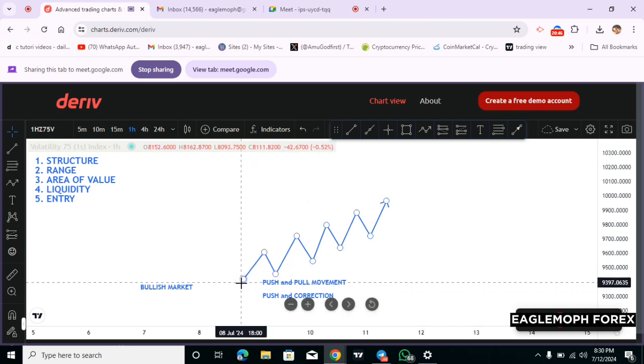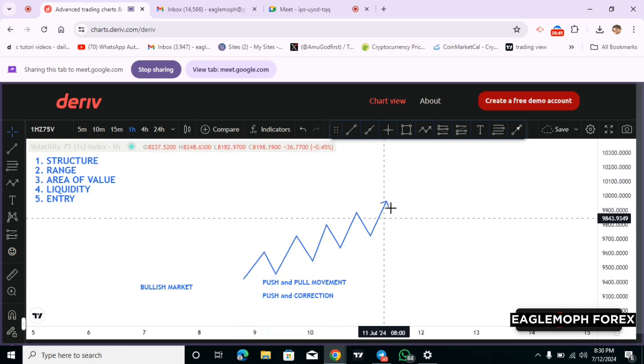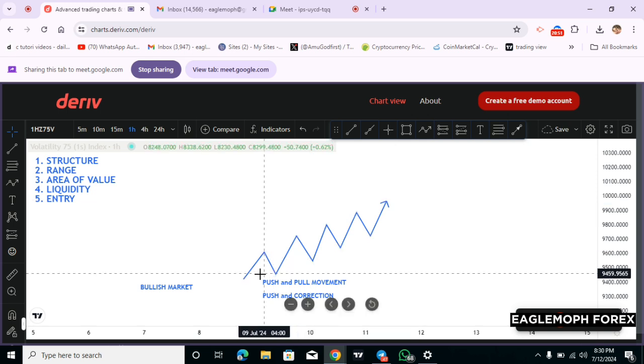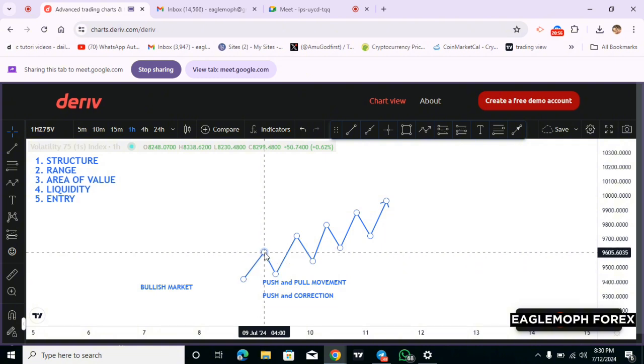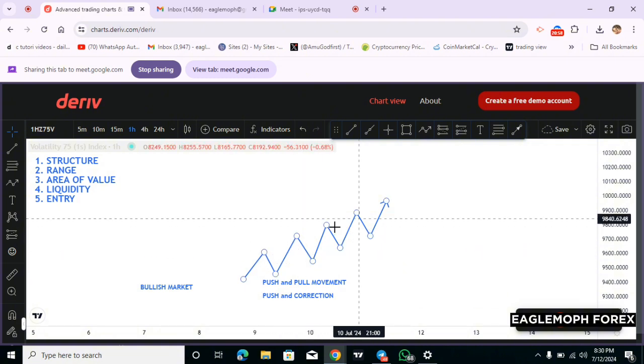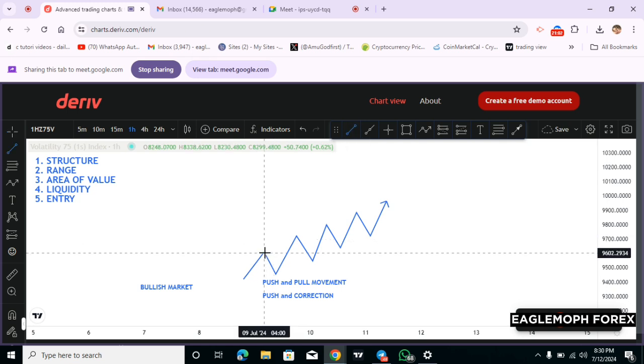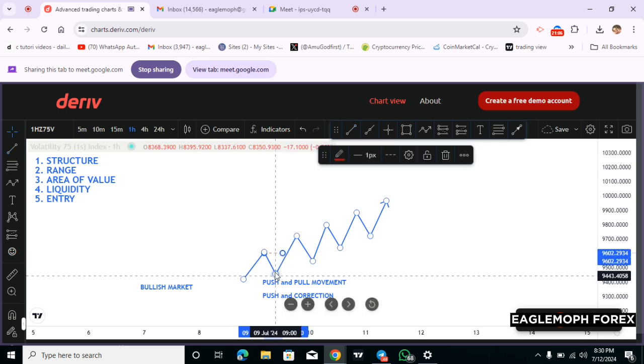Now, for a bullish market, we already know the market is trending upwards, it's an uptrend. So what do we expect to see? We expect to see, okay, these particular points, these high points, they are called higher highs. This is a high. That's the highest point the market reached before the correction took place.